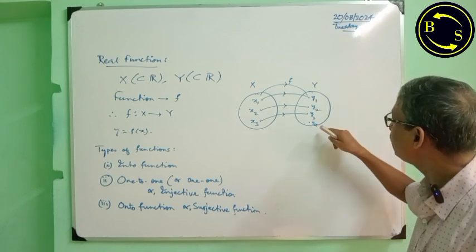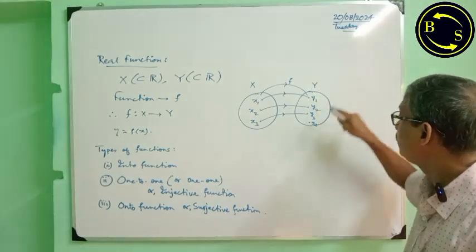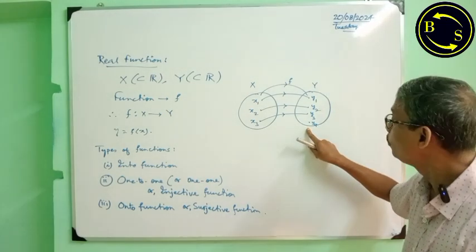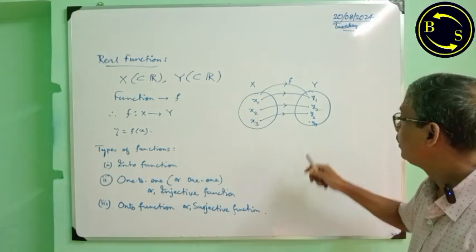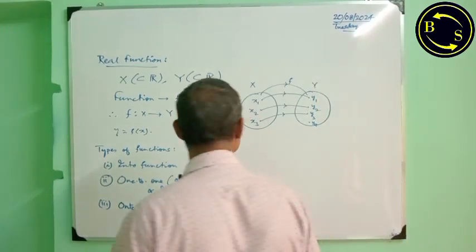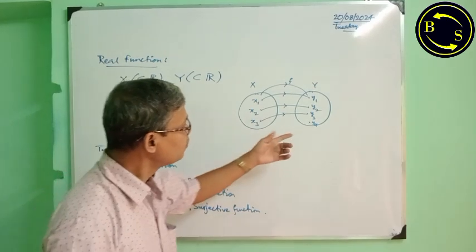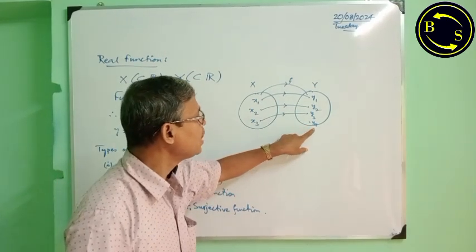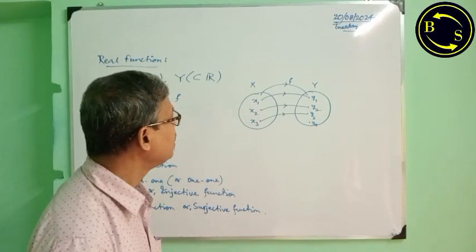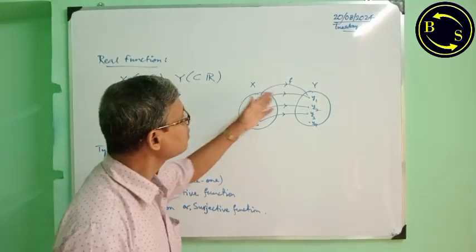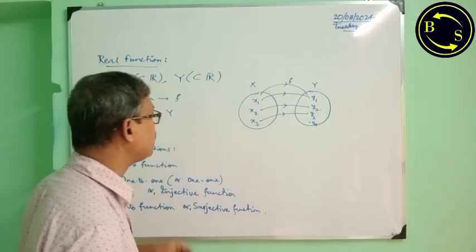But we see here y4, a member of Y, is not associated to any member of set X. That means Y has one member that is not associated with any member of X. In such a case, this function is called into function.